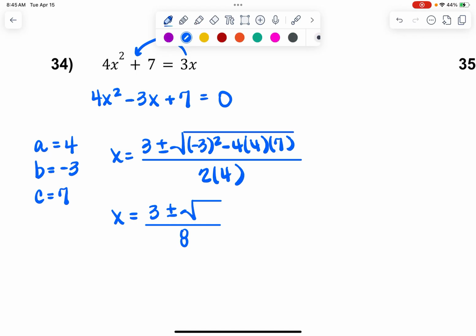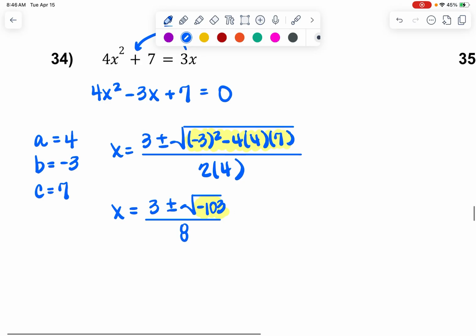Then I'm going to go to my calculator and type all this in to figure out what that number is underneath our square root. So here we go, negative 3 squared minus 4 times 4 times 7. And I'm getting negative 103.